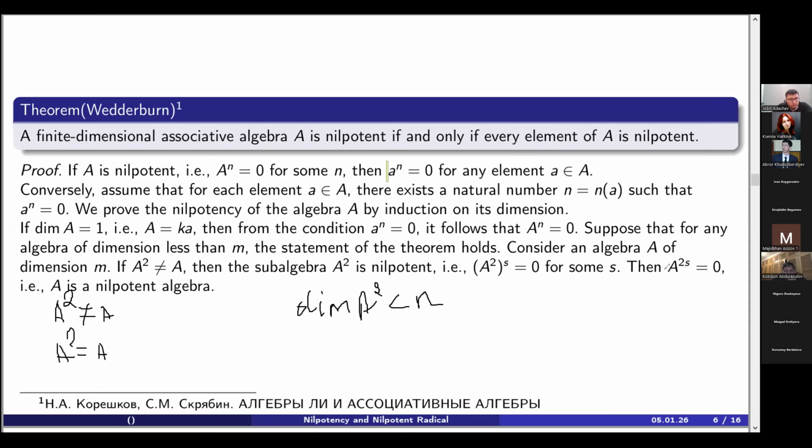Then A to the power of 2s is equal to 0. That's A is a nilpotent algebra.